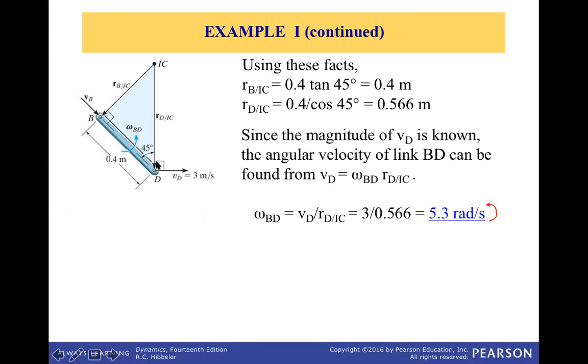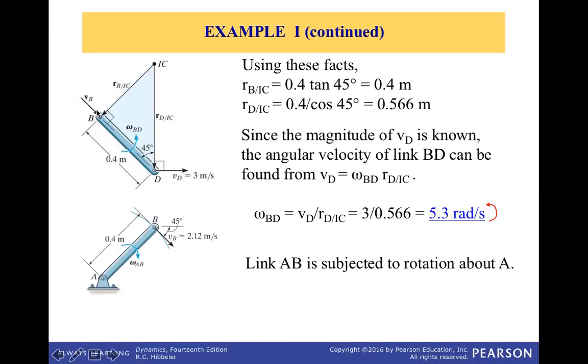All right, once omega BD is determined, you can use that omega BD to figure out the velocity at point B. So then we'll be looking at linkage AB, because the velocity of point B will be determined by using this omega times this radius or this position vector length. Then you have VB.